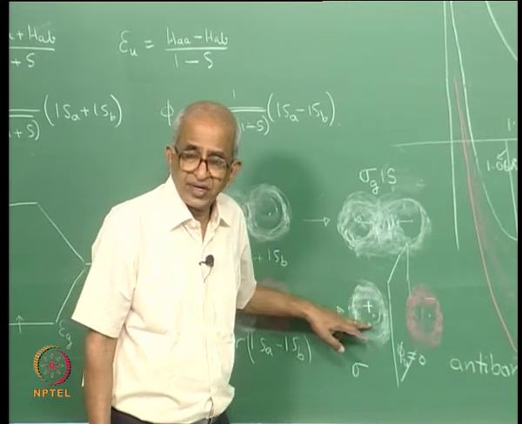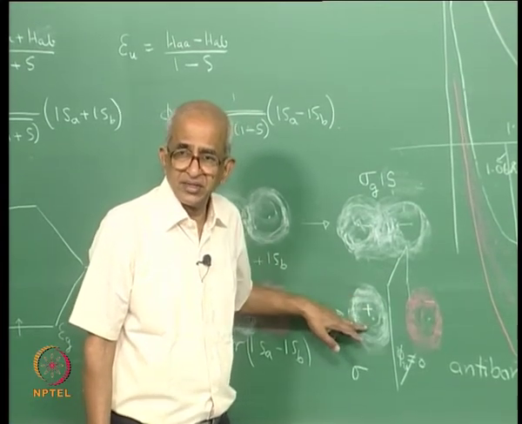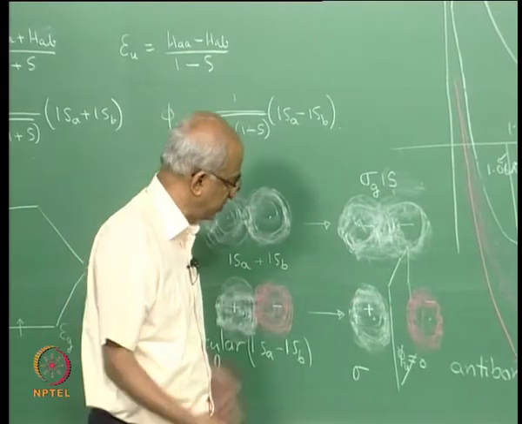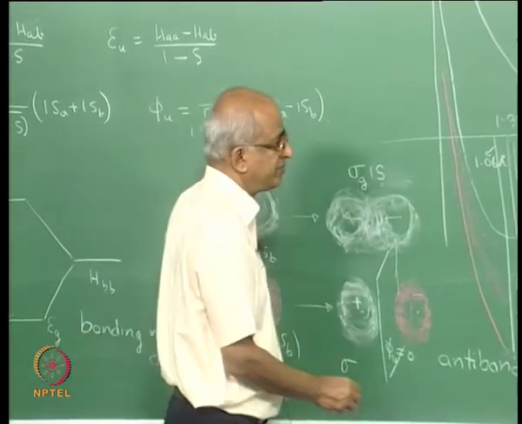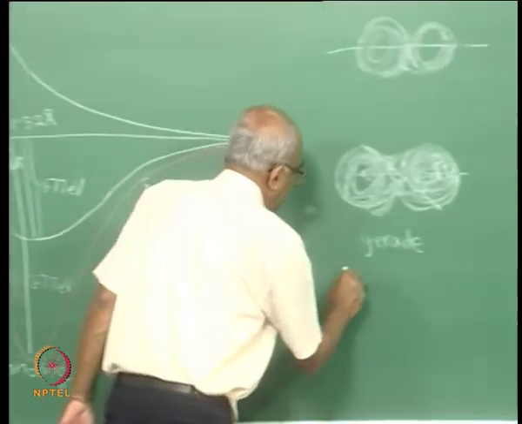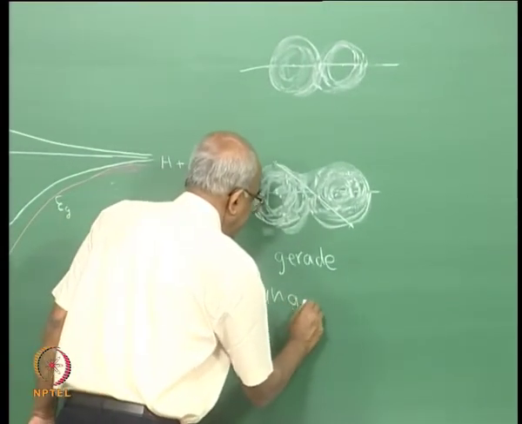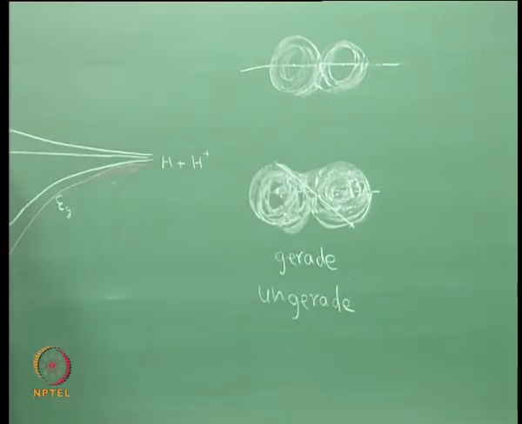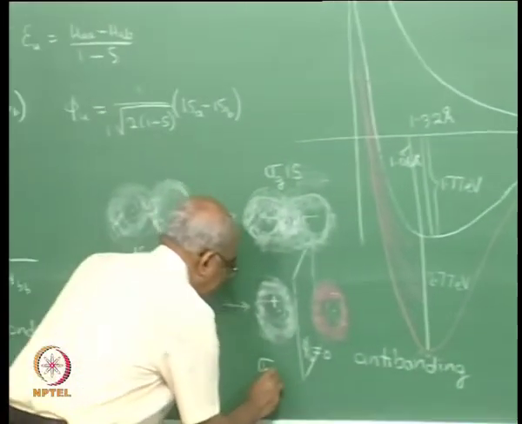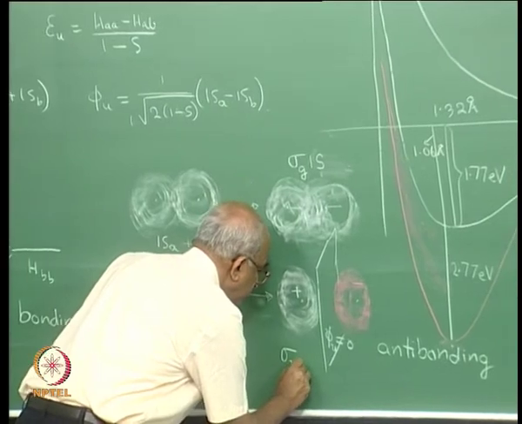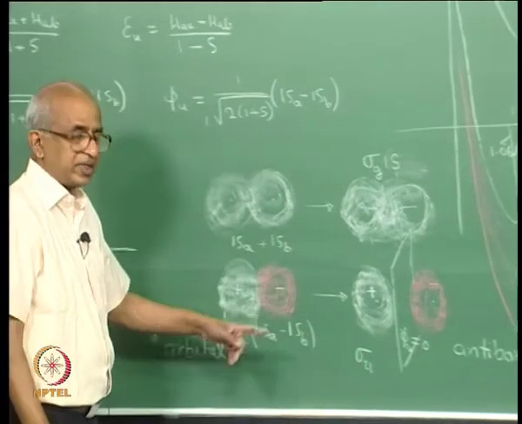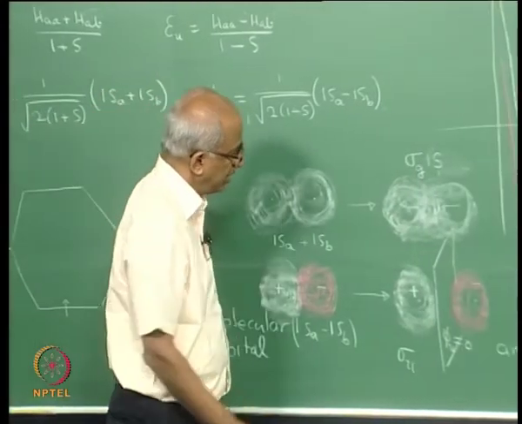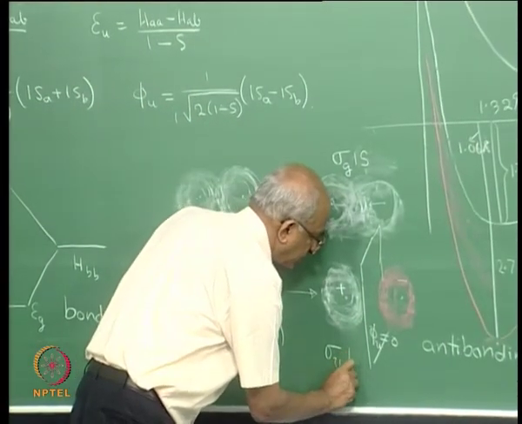So, therefore, I say that this is an orbital that is antisymmetric under inversion, and we use the German word ungerade. You add an un and say that this orbital is ungerade, and that is indicated by saying that this is a sigma u type molecular orbital. It is a sigma type and it is ungerade, and it has arisen from 1s atomic orbitals.